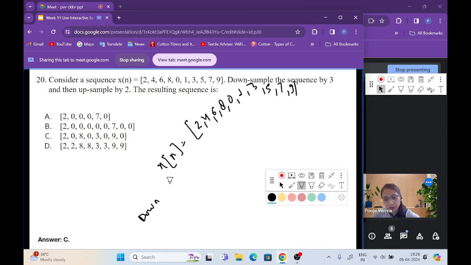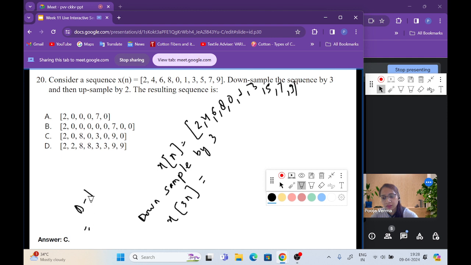Downsample by 3, that means x of 3n. So what we need to do? We have to remove, between the samples, 3 minus 1 terms.